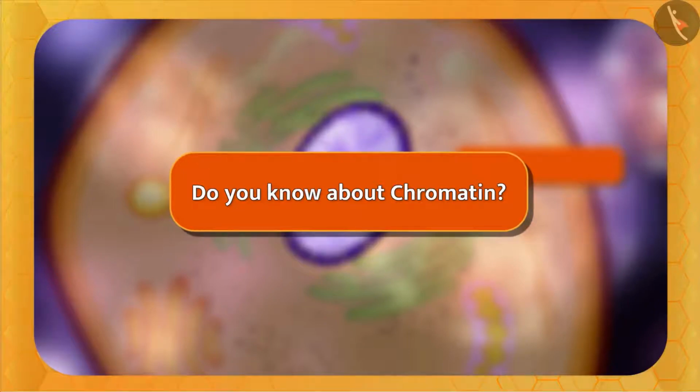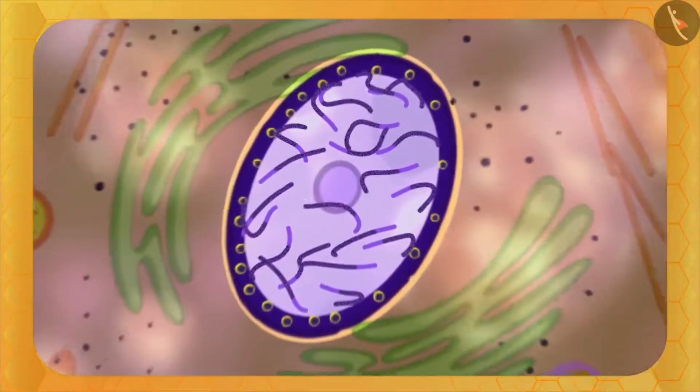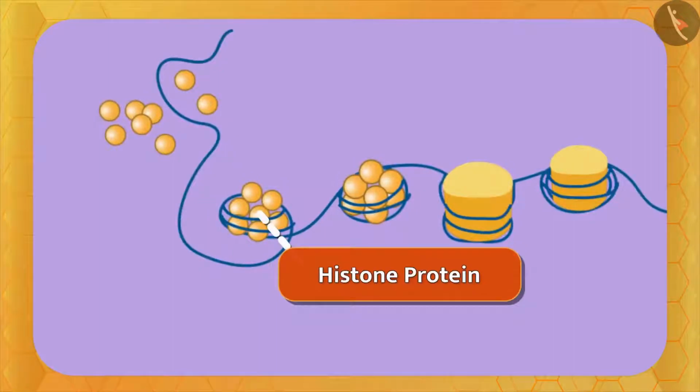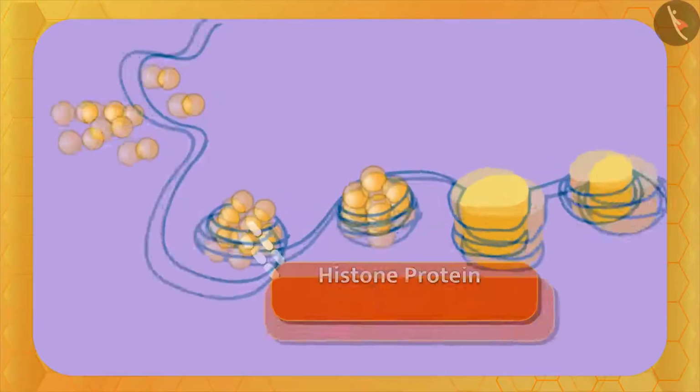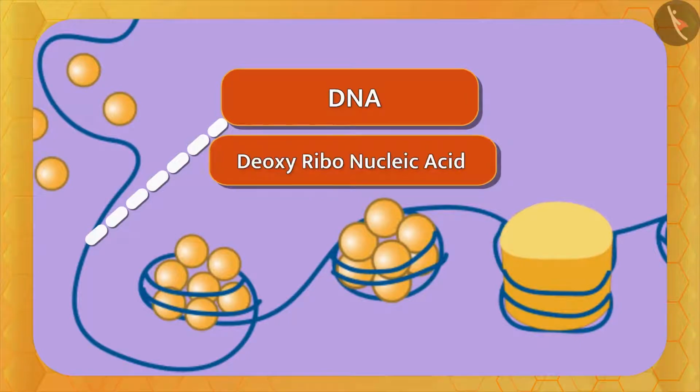If we look closely at this thread-like structure, here it is a coiled chromatin. The dots you see in the middle are a protein called histone protein. And the structure of this thread is called DNA. The full form of DNA is deoxyribonucleic acid.